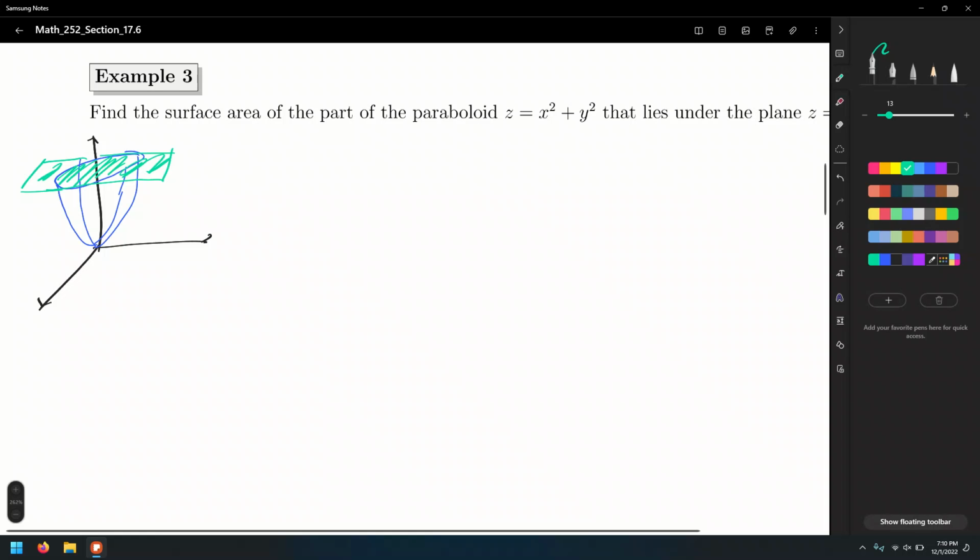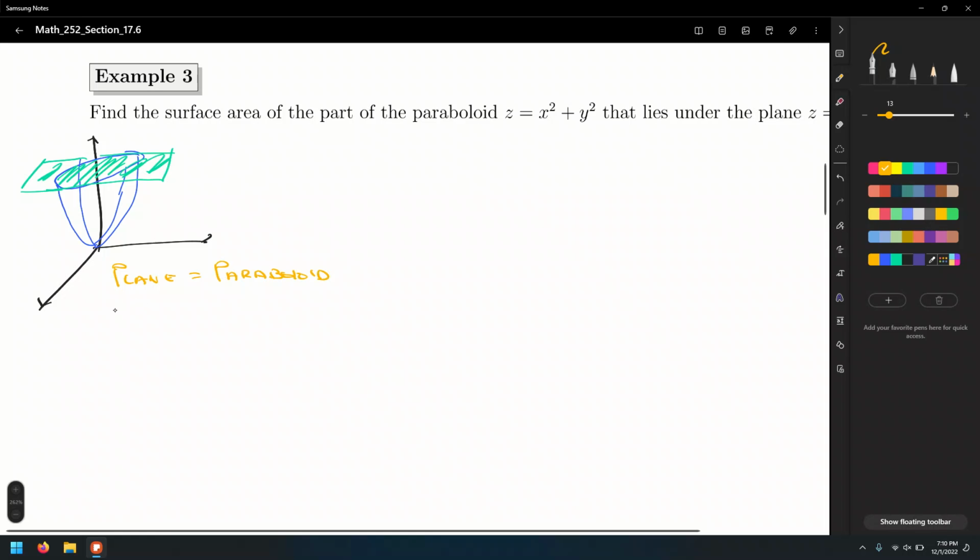All right. So number 1, what's going on in the 2D projection? In this case, the 2D projection would be found by setting the plane equal to the paraboloid.